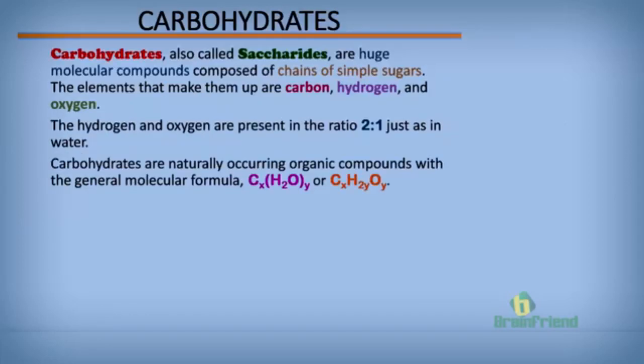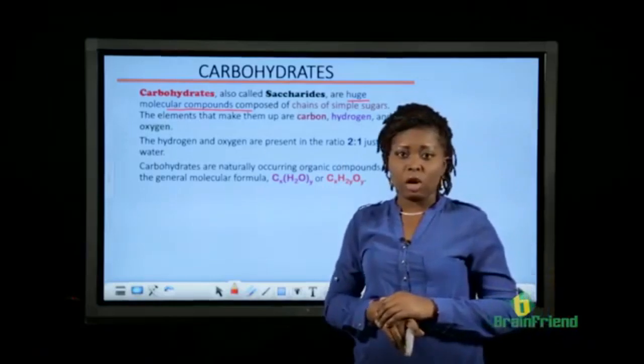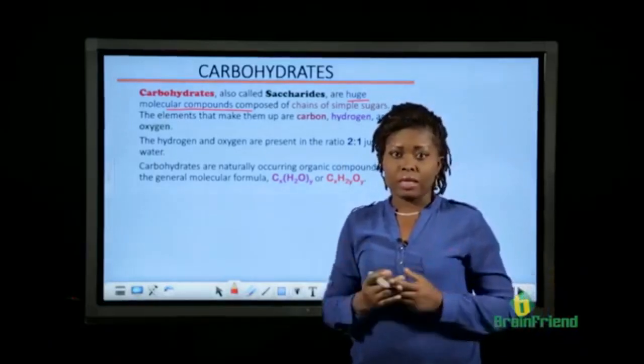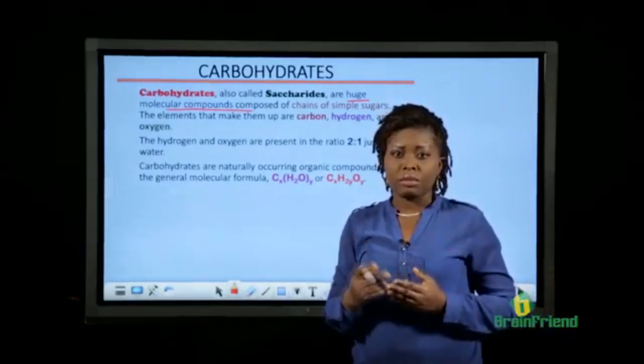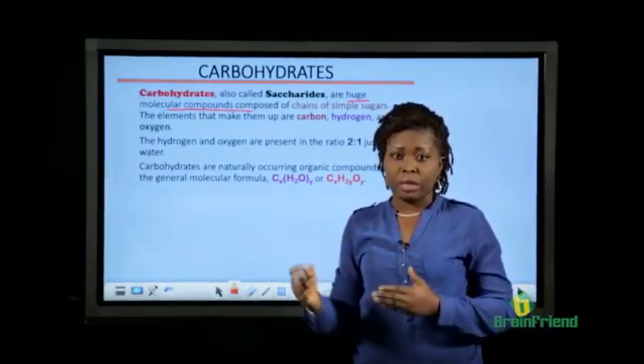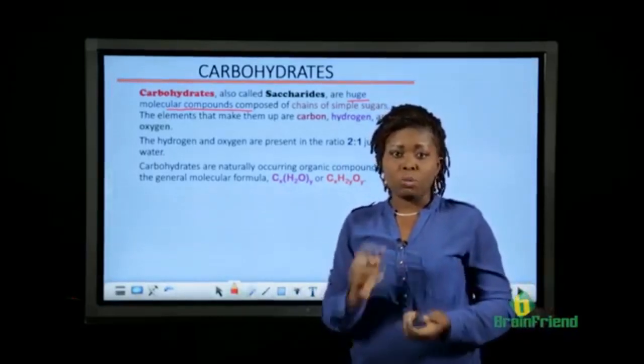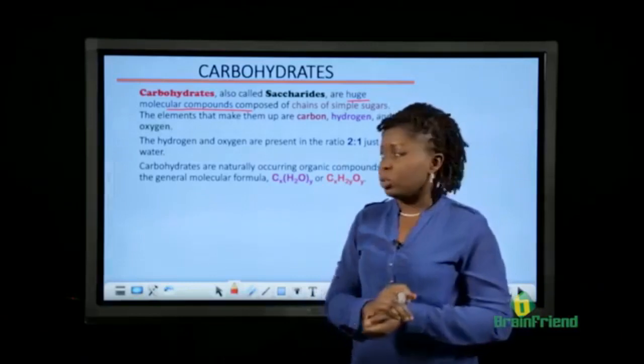Now, let's get on to the definition of carbohydrates. Carbohydrates are huge molecular substances or compounds composed of chains of simple sugars. So this goes to tell us that several units of simple sugars come together to make up what we call carbohydrates.